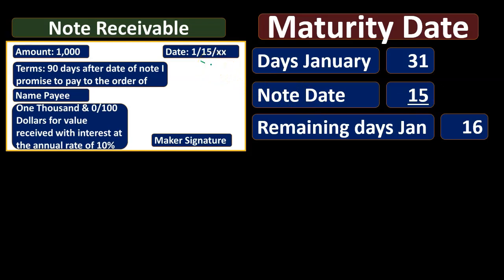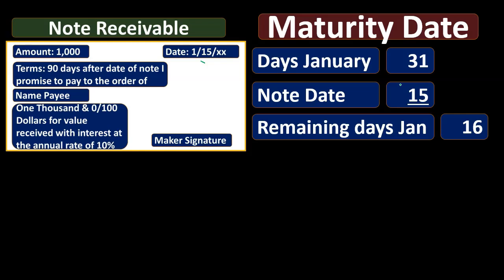So the question is, does that count in the term of the note? And you're going to have to be careful on that. If you're off by a day on a computer problem or a multiple choice problem, that may be because of the question of whether this 15th day is included or not. If it is, then we'd have to add one more for this day, for the 15th. We're taking the difference between the two, 31 minus the 15, which would start at the 16th. You can count it out on your fingers, right?